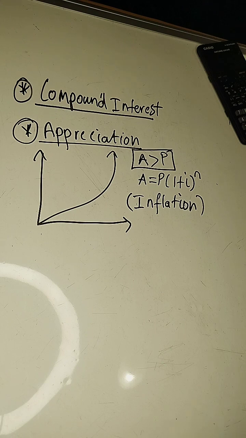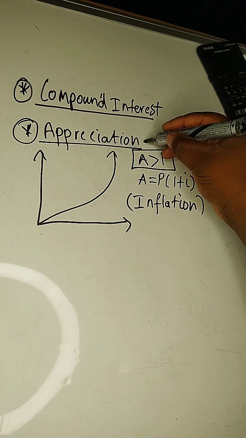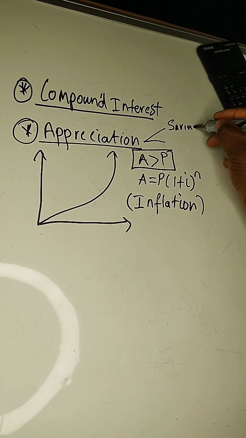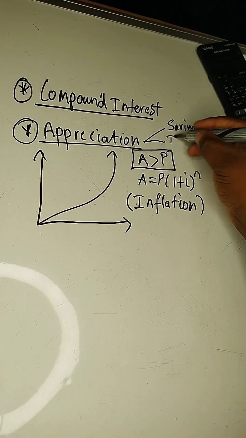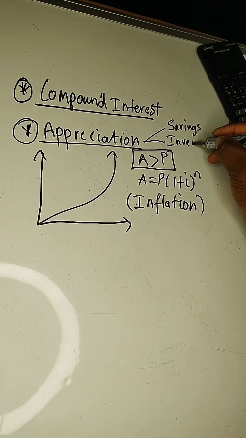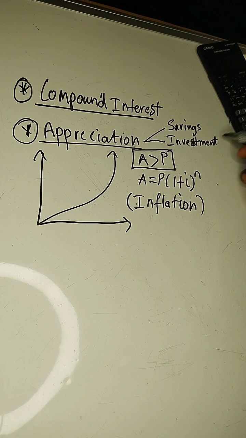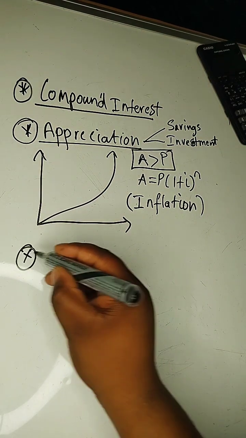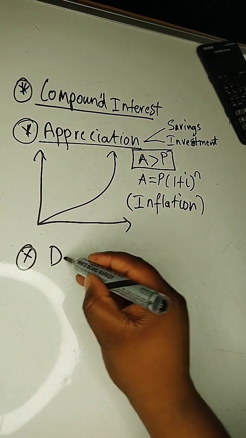This is also a formula for savings and investment. We have savings, and we have investments. That is what we have from this formula. Then let's continue. Number 2, we have the other formula, for depreciation.